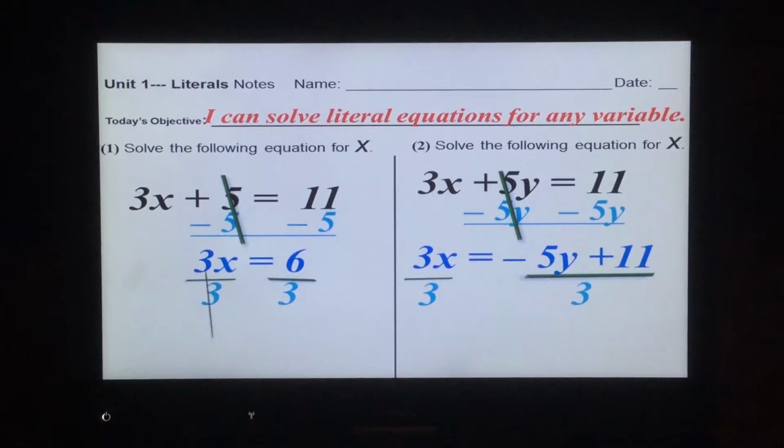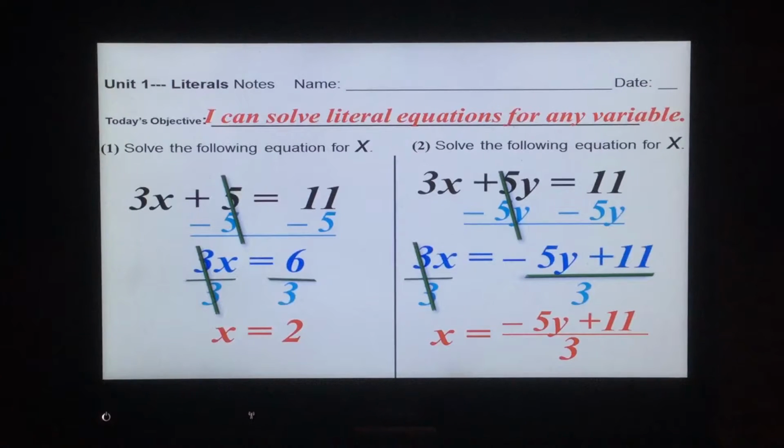So the 3's cancel in both of them, and then you're left with x equals on the left side in both of them. So we just pretty much bring it down. Number 1, we have x equals 2. Number 2, we have x equals negative 5y plus 11 over 3. So it's the same thing. First thing we did was we subtracted from both sides. Over here we subtracted 5, over here we subtracted 5y, and then we divided by 3 in both of them. So again, the same knowledge. All right, let's go ahead and do another problem together.